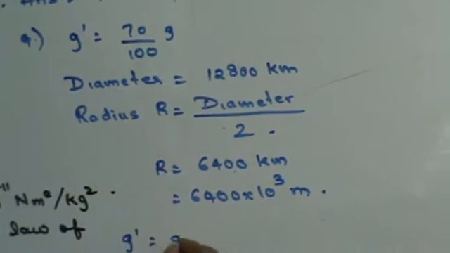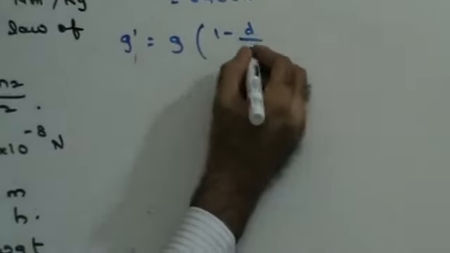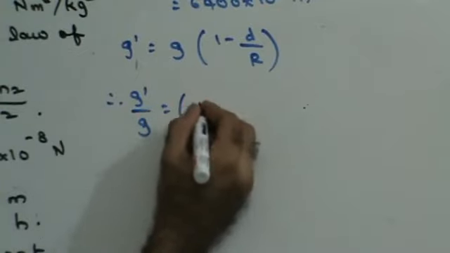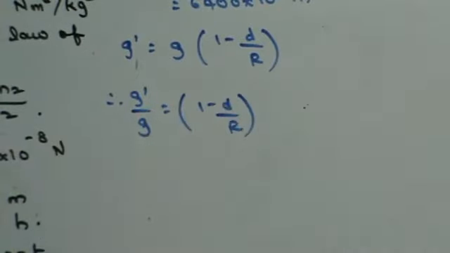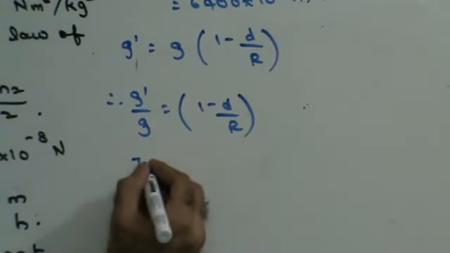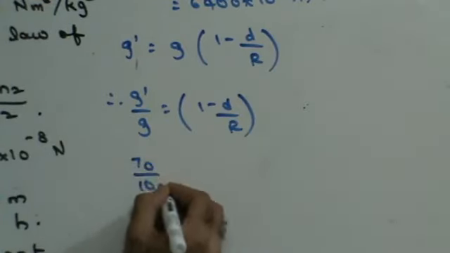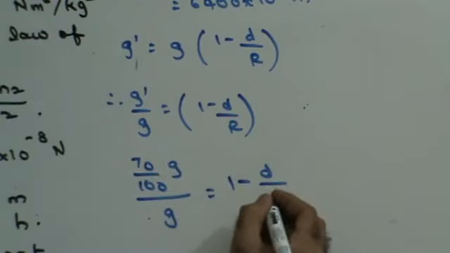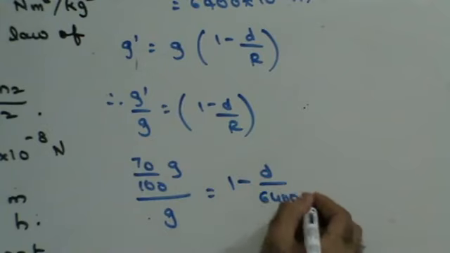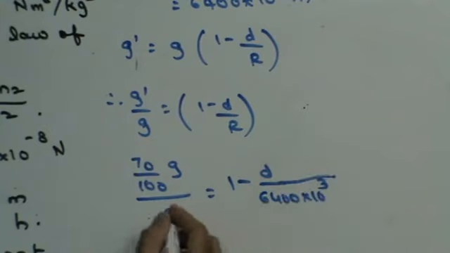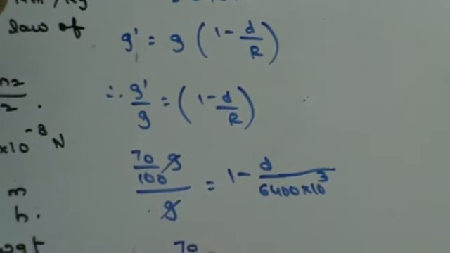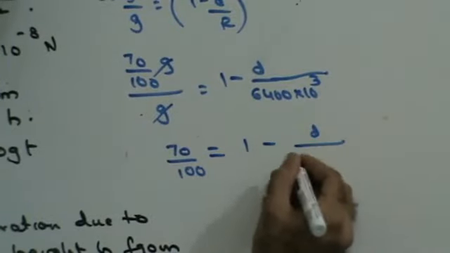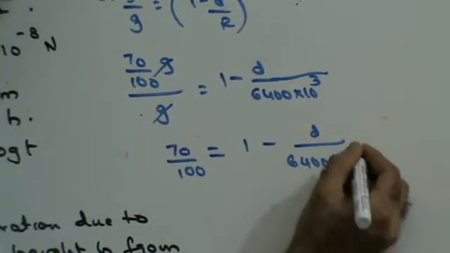Gravitation at depth is g into 1 minus d by R. Therefore I can say that g bar upon g is 1 minus d by R. You know the value of g bar. g bar is 70 upon 100 into g, upon g is 1 minus d by R. R you know is 6,400 into 10 raised to 3. g gets cancelled. 70 upon 100 is equal to 1 minus d upon 6,400 into 10 raised to 3.